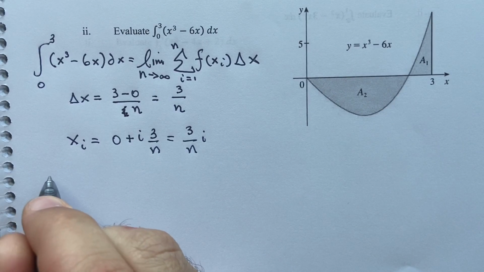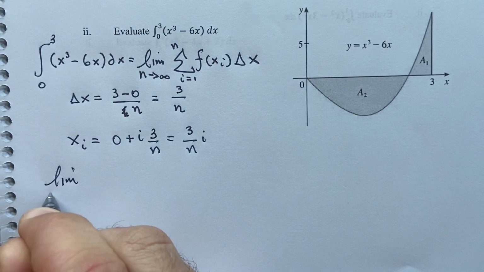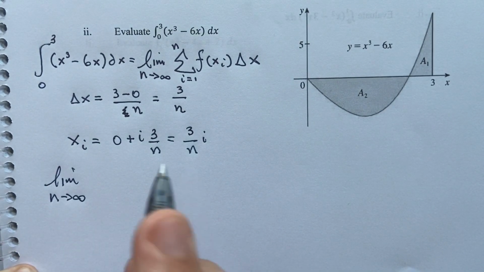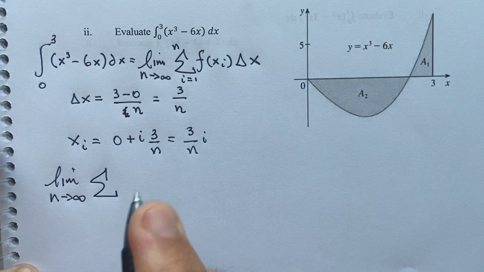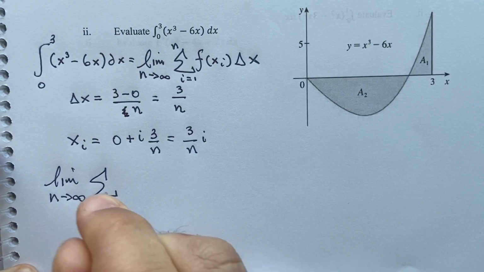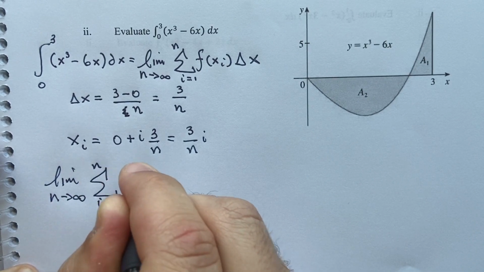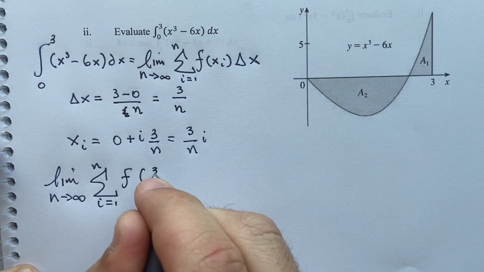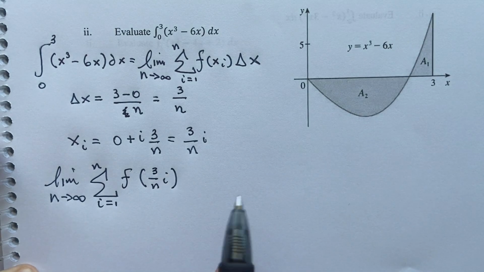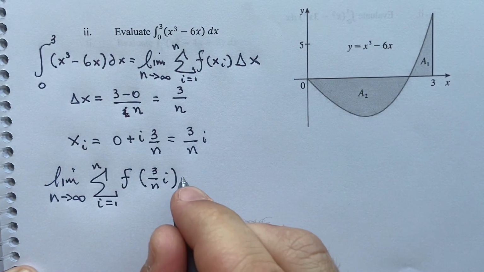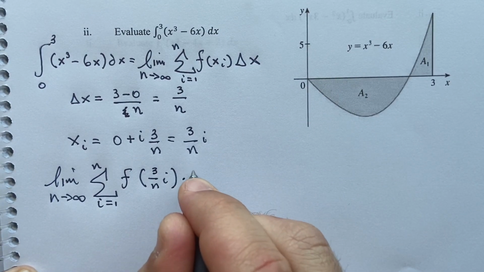So the limit as n goes to infinity of this function, going from 1 to n, we'll have f of x sub i, f of 3 over n i, times delta x in our case is 3 over n.